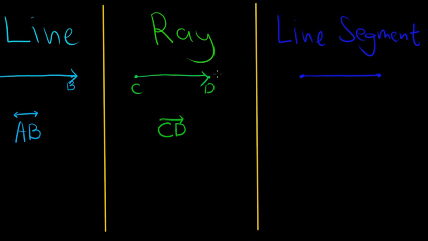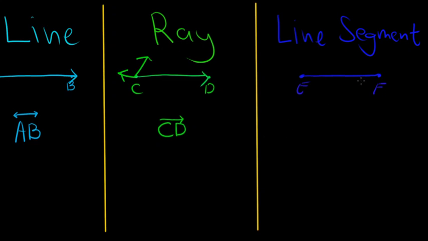So whether this ray is pointing towards here or here, in symbol, the ray above the letters would always point towards the right side.